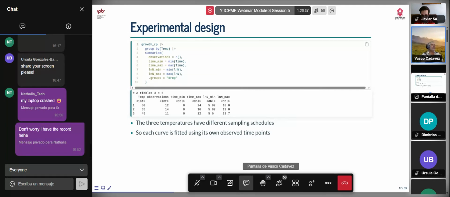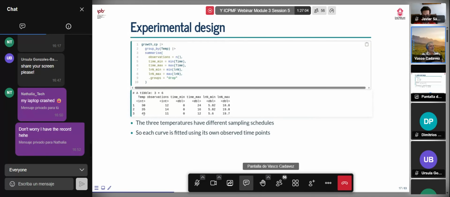Okay. So if you want to check your experimental design and your data distribution, I wrote this function to just summarize the data. In this case, I group the data by temperature, then I summarize: I get n, the minimum, and the maximum value. If you run this code, you will get this table.